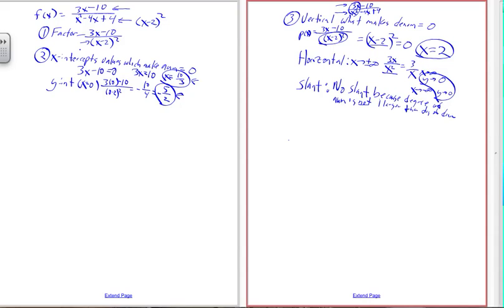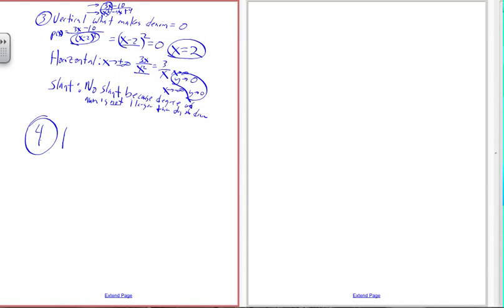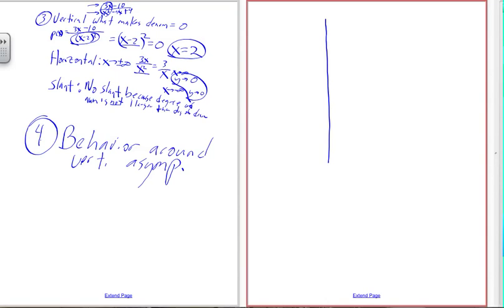All right, so the next thing we need to do is to start worrying about the behavior around the vertical asymptote. At this point, I can actually start plotting my graph already.